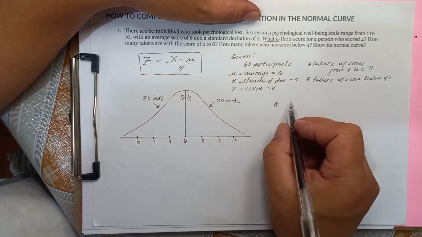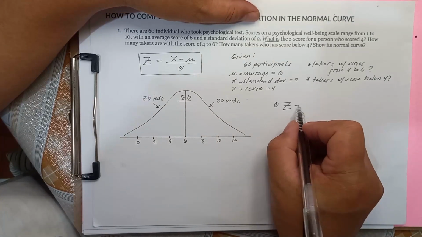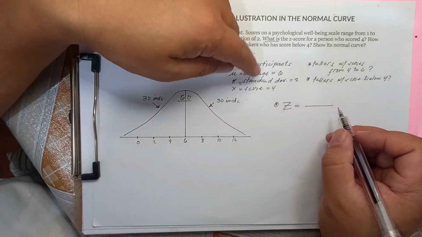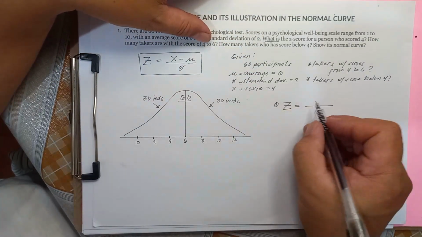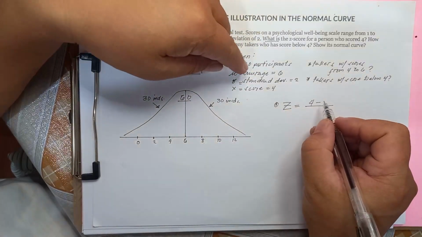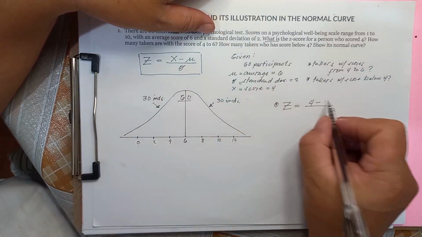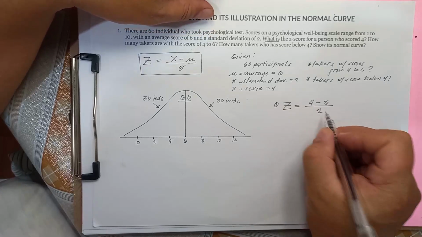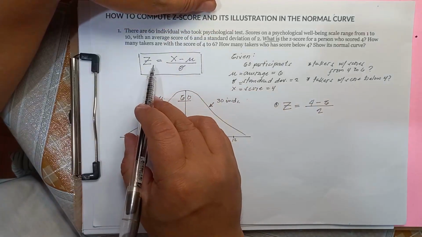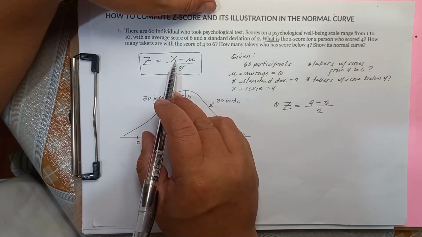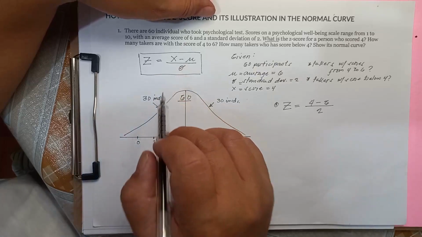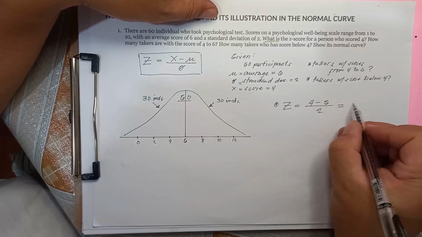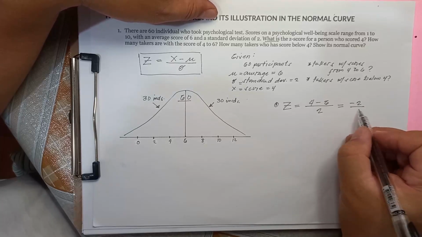Our x is 4, minus our mean of 6, over our standard deviation of 2. Mind you again, the Z-score is the difference of the score minus the mean over the standard deviation. So we replace the values, and the result would be negative 2 over 2.